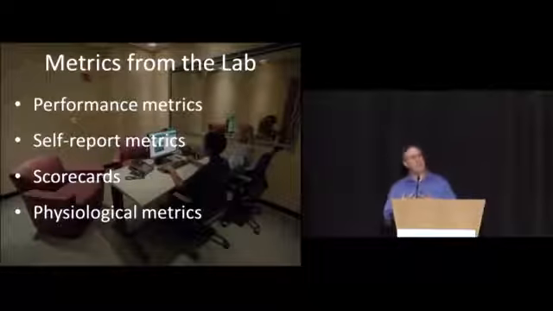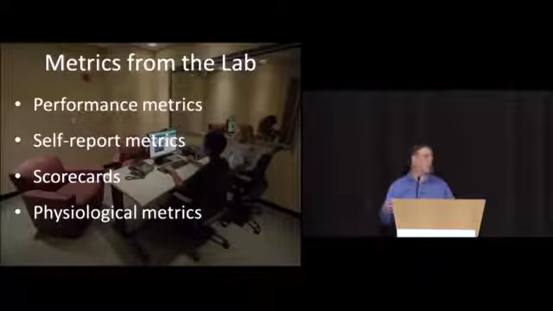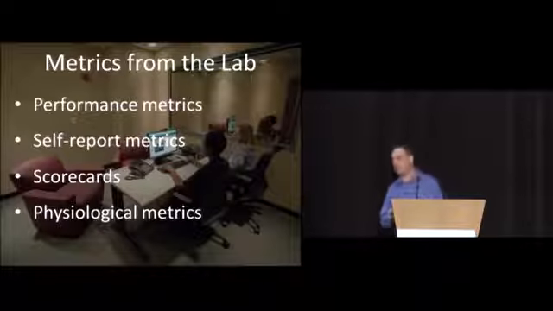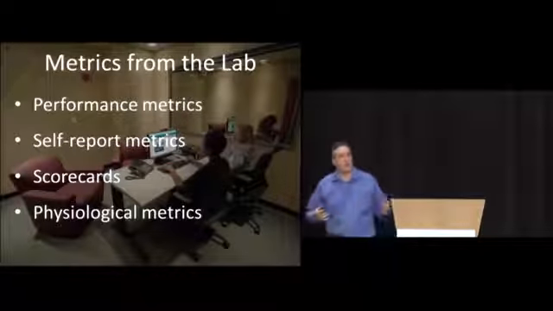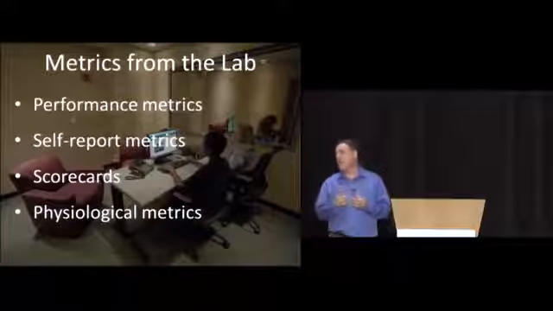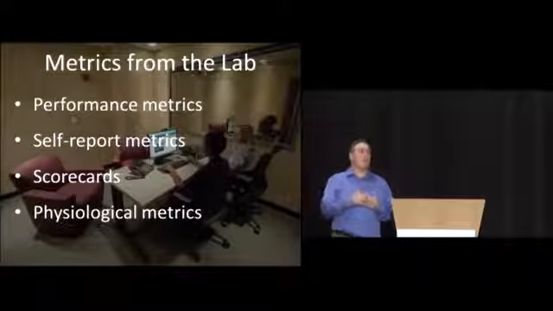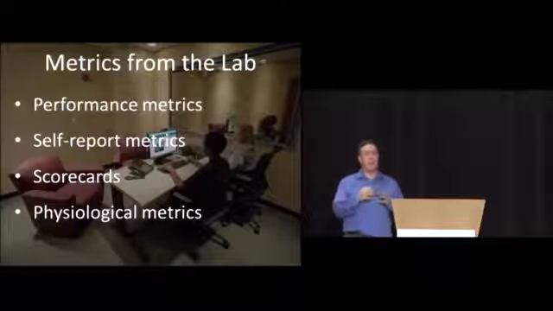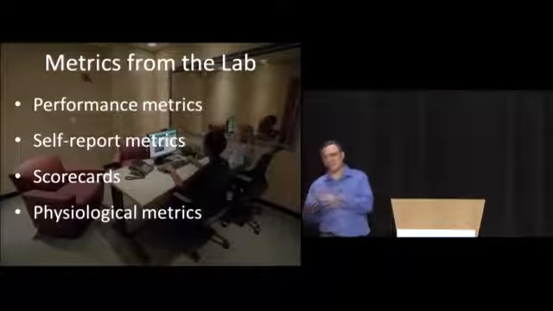And what we like to do is try to aggregate them together into scorecards. There are different statistical techniques to bring different types of metrics together to say, overall the usability or the user experience of this version of the product is this.